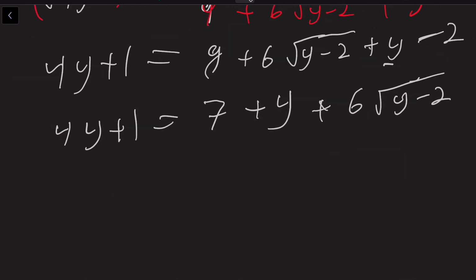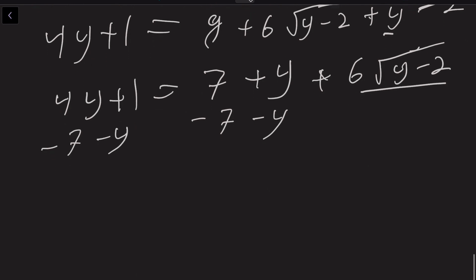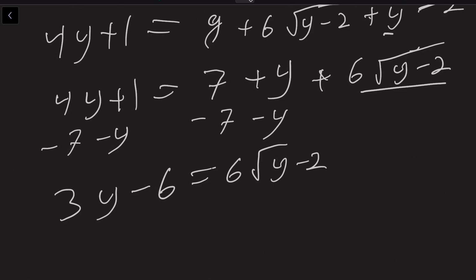Now I'm going to subtract 7 and y so I can isolate this radical. So subtract 7 and subtract y from both sides. And we're left with 3y minus 6 is equal to 6 square root y minus 2.